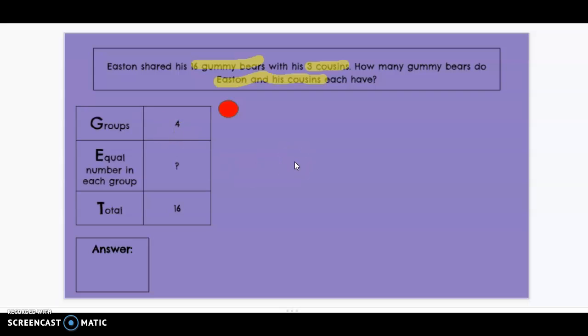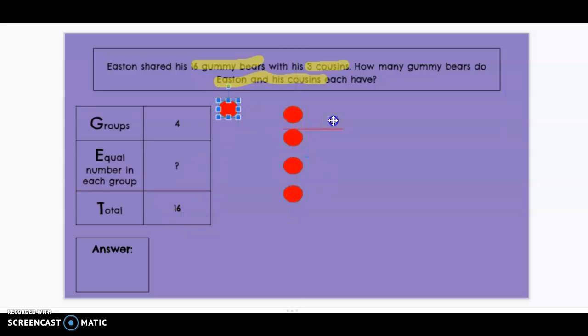Because I like making an array, I'm going to go ahead and make an array. So I'm going to use 1, 2, 3, 4. That represents my 4 people. Okay, now I'm going to continue to fill in my array, and I'm going to count to 16. I'm going to stop when I've counted 16.